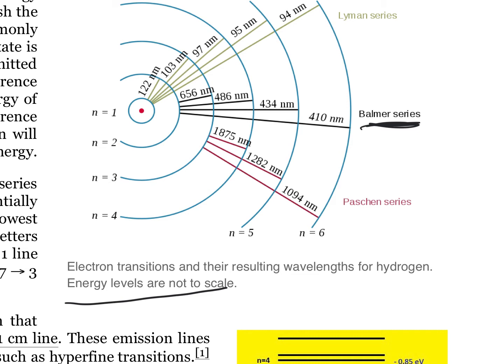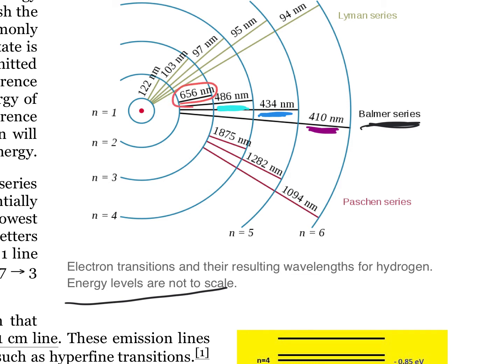That 410, that's a purplish light, like a deep purple. The 434, that's a dark blue. The 486, that's a very teal looking color, maybe aqua. And the 656, that's red.